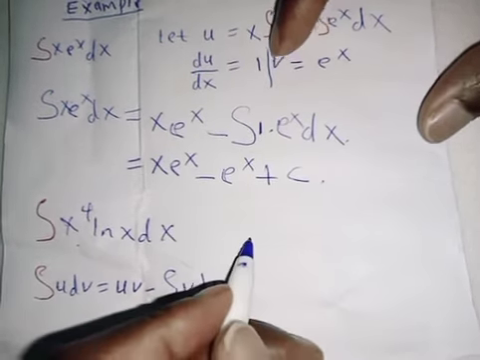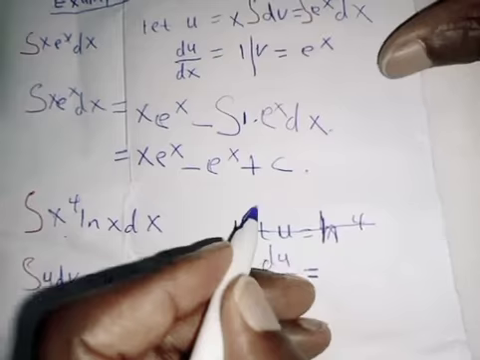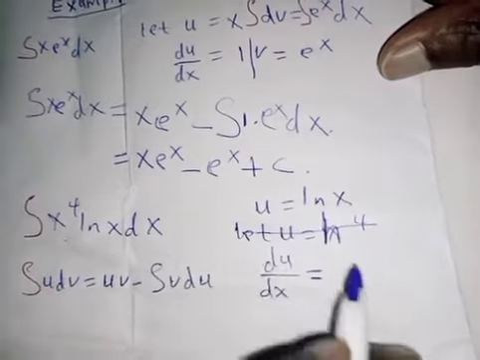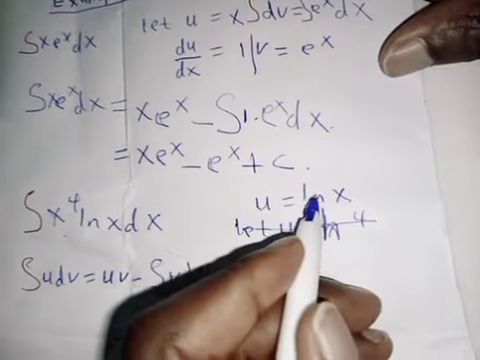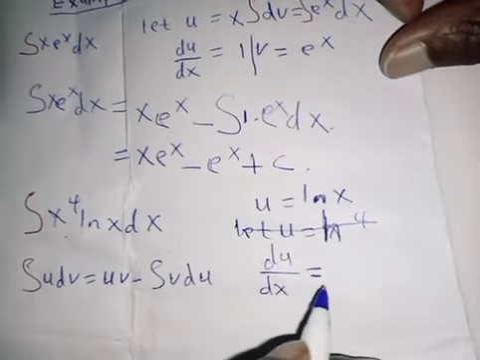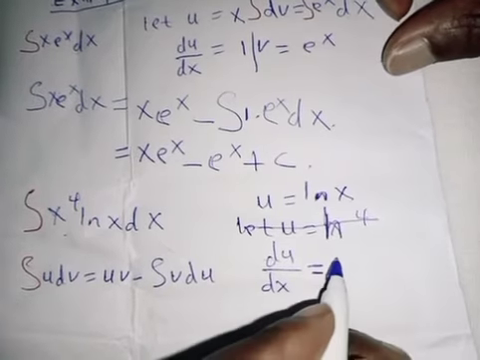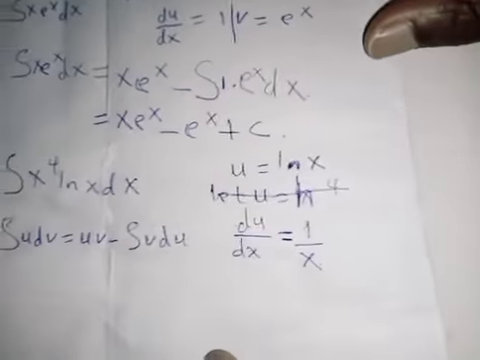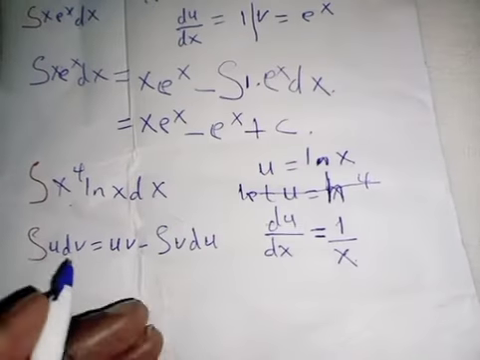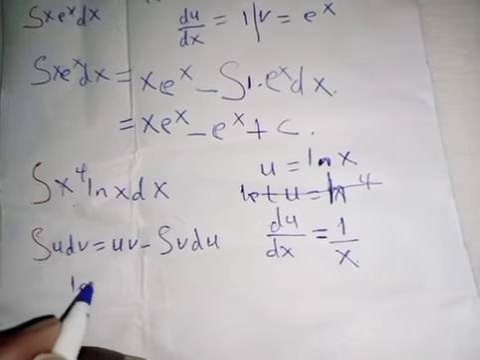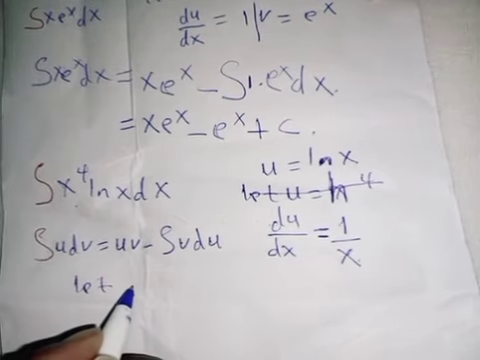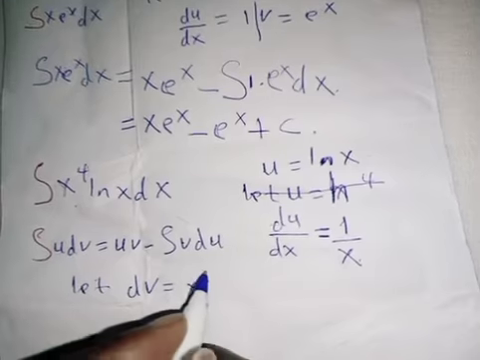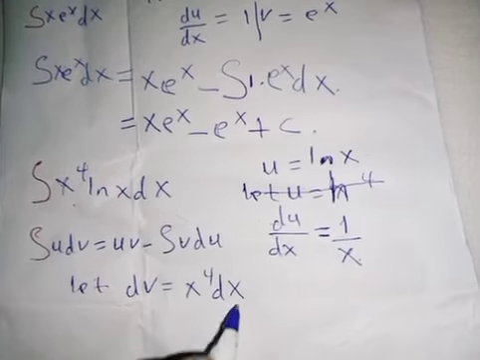In this case, we let our u be equal to ln of x. Then du over dx will give us 1 over x. Then we let our dv be equal to x power 4 dx.